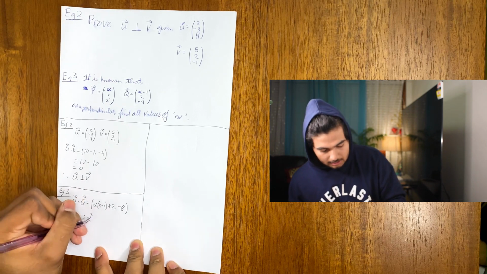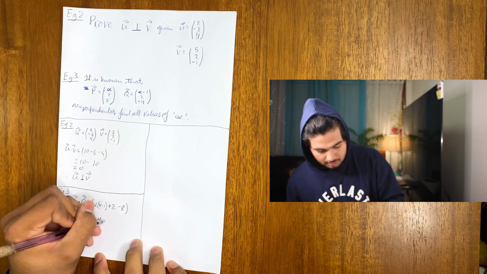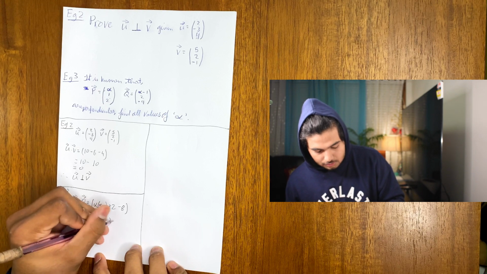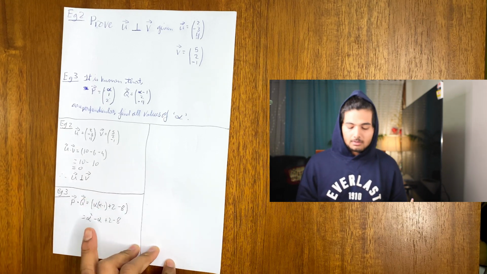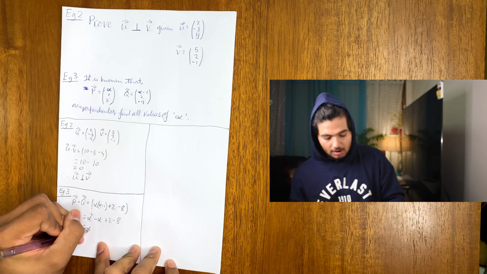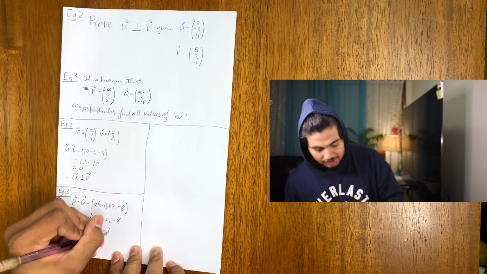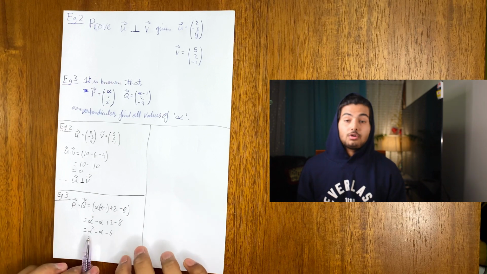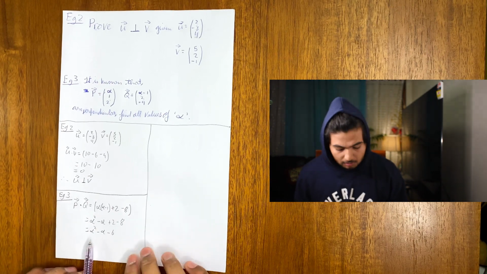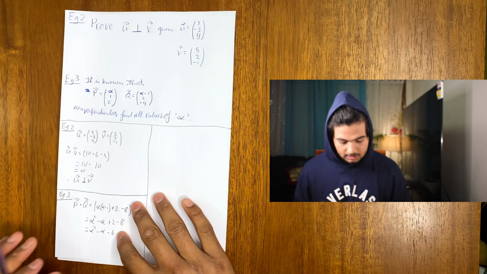Alpha squared minus alpha plus 2 minus 8, which then gives me alpha squared minus alpha minus 6. We've got a quadratic equation. Now let's solve for alpha over here.